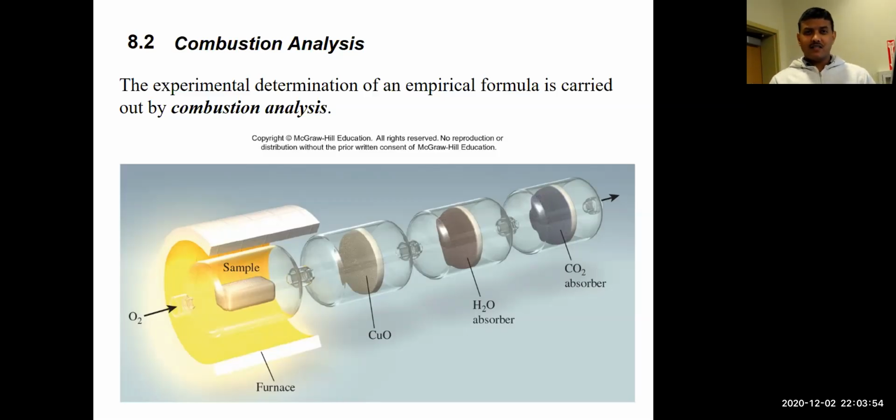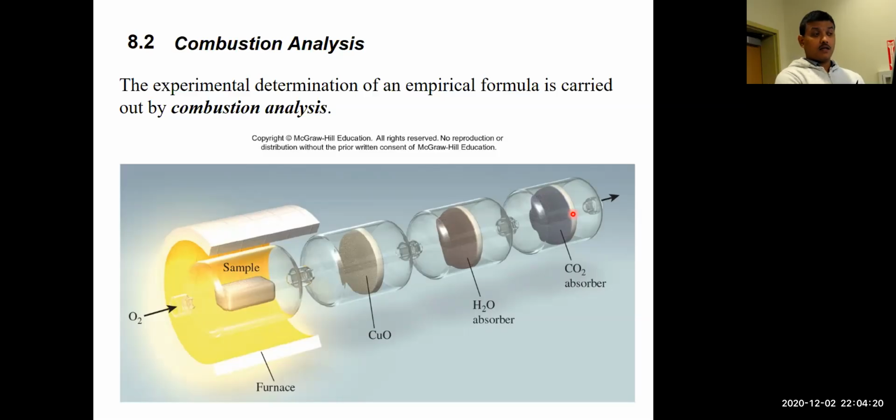What you basically do is collect the sample whose empirical formula you want to identify, keep that sample in a closed chamber like this, and combust it in the presence of oxygen, and you will have different absorbers for different compounds.